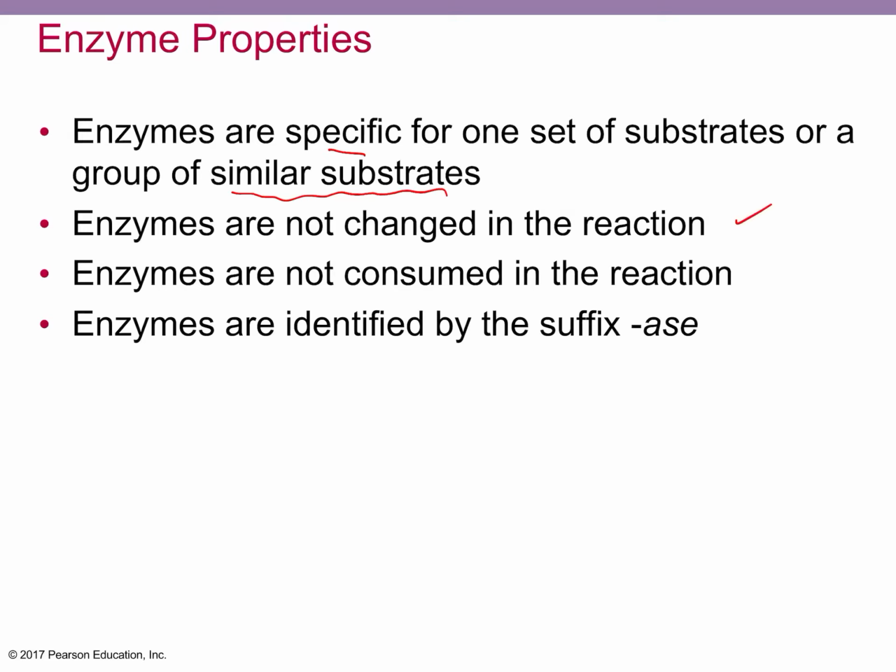Enzymes are not changed in chemical reactions. Enzymes are not consumed in a chemical reaction. Like I said, most recently, they can be reused. And enzymes are identified by their suffix ase, and they're oftentimes named after their substrate. So, for example, this sugar lactose is broken down by the enzyme lactase.